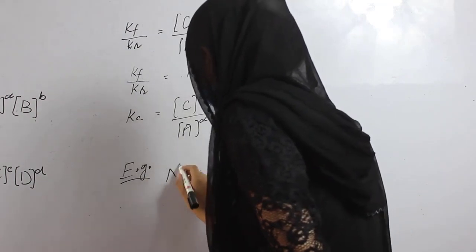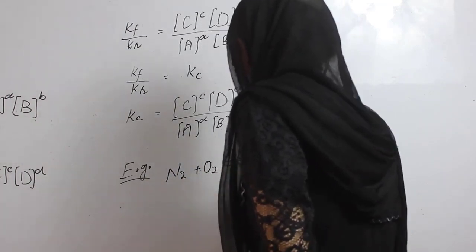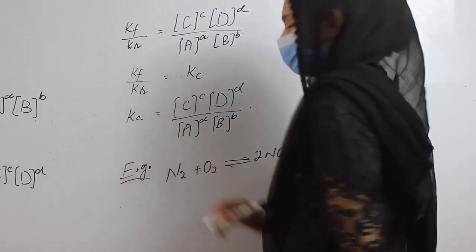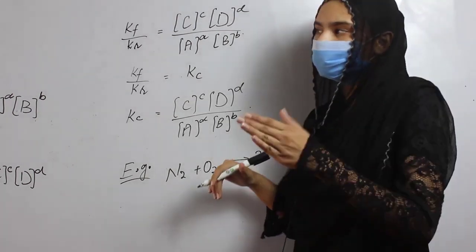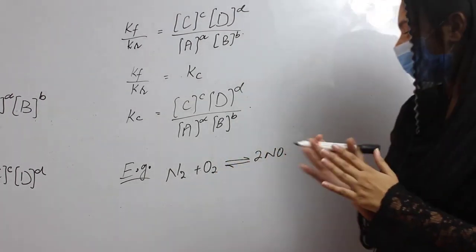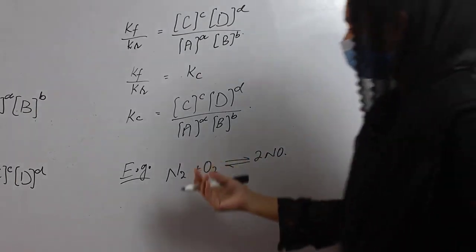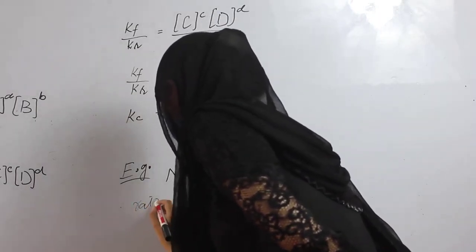when nitrogen reacts with oxygen gas, they form two molecules of nitrogen oxide. If anyone asks how we can derive their expression, first of all you calculate the rate of forward reaction.